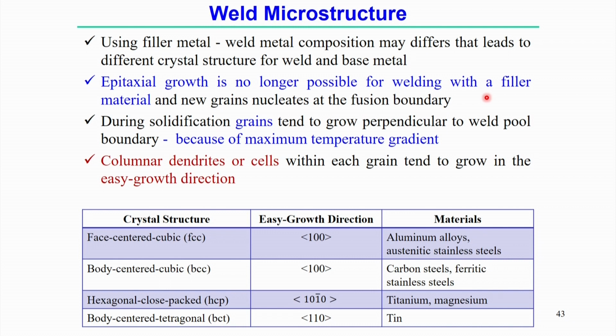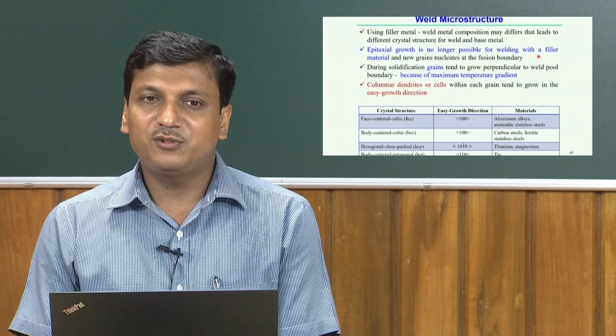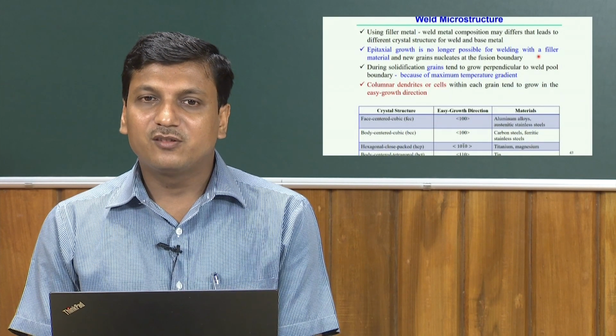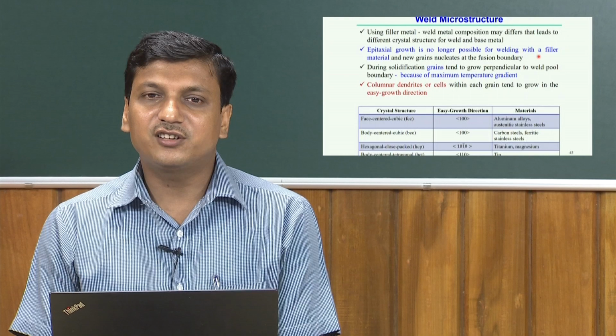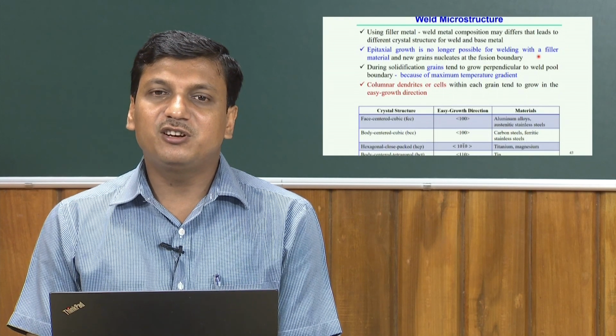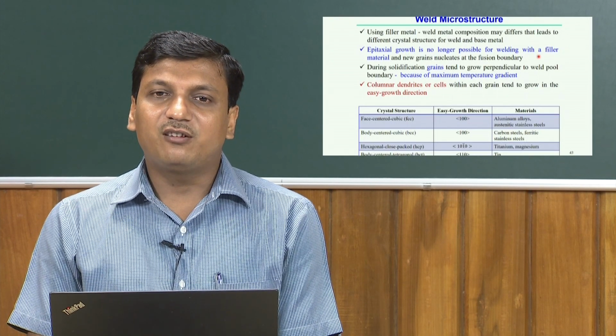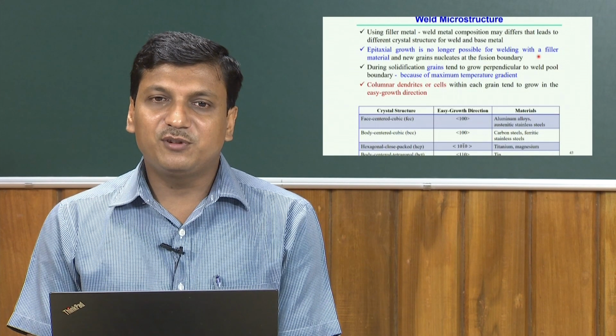Different crystal structures have different easy growth directions. For example, in the FCC structure, 100 is the easy growth direction, and we can observe this specifically for aluminum alloys and austenitic stainless steel.